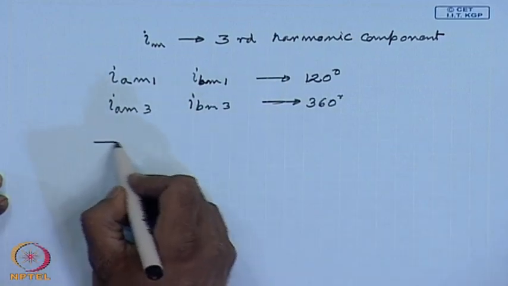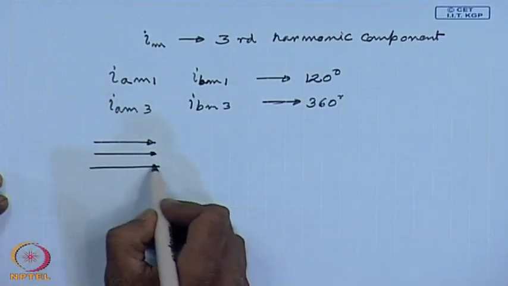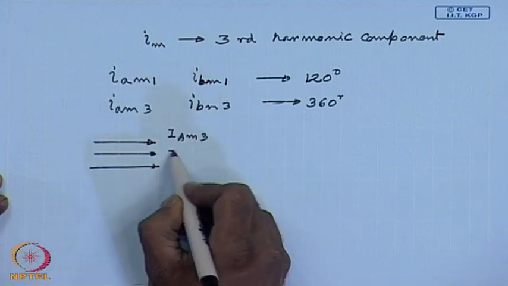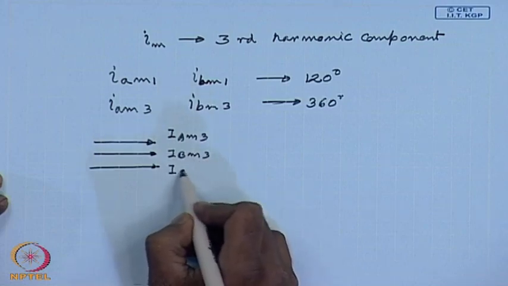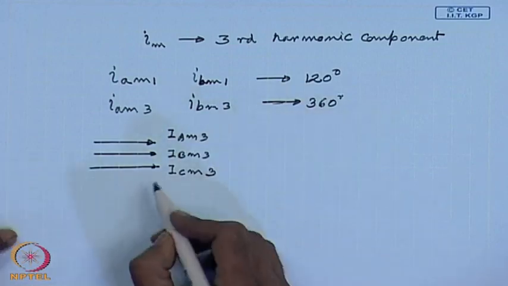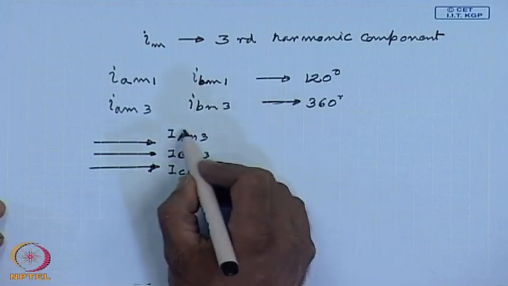Therefore, the third harmonic magnetization currents are cophasor, therefore, they do not add up to 0.